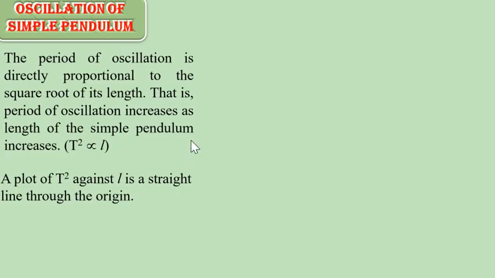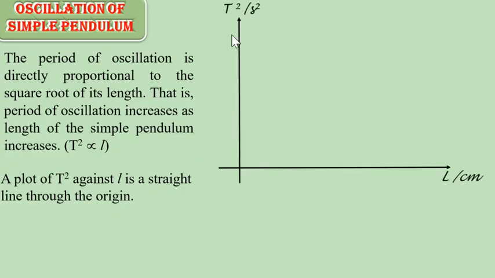Now let's look at the plot. We have T squared on the vertical axis and L on the horizontal axis. Please take note, in practical physics, you must label the axes correctly with correct units. That is essential. You cannot afford to make a mistake. So now, when we plot the graph, as I said, it's going to be a straight line that passes through the origin.